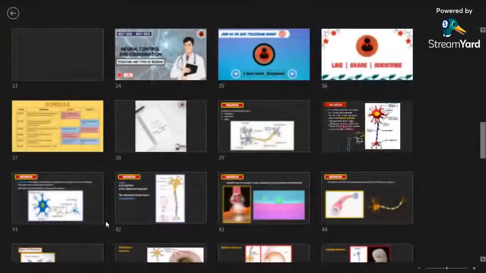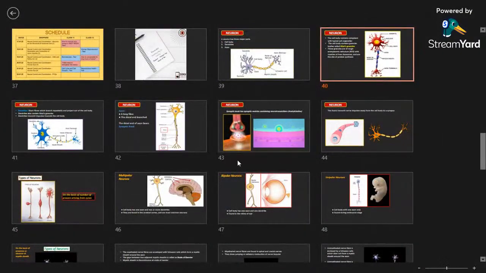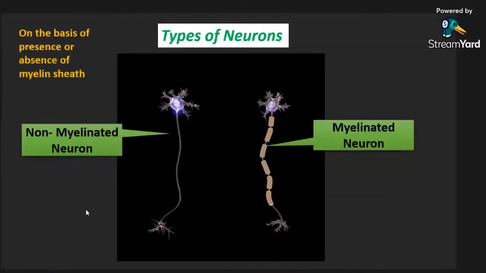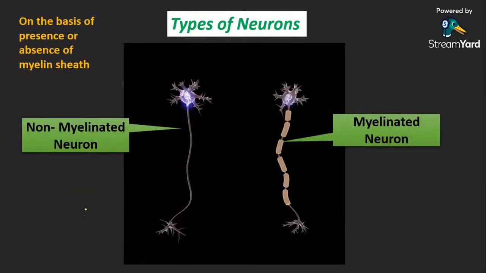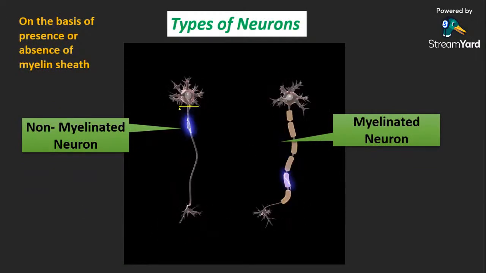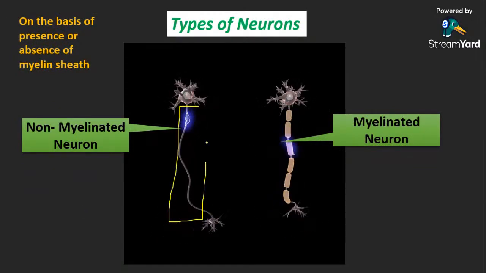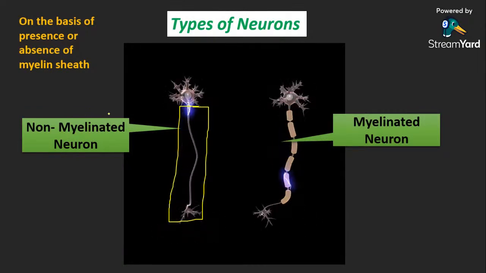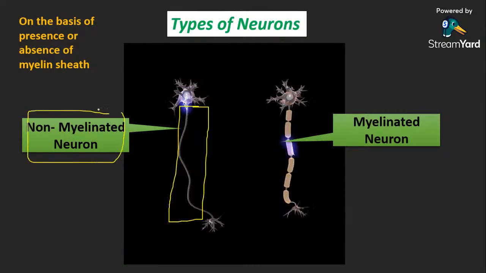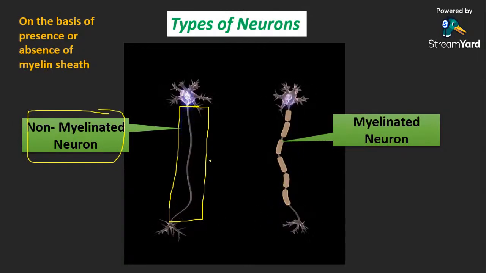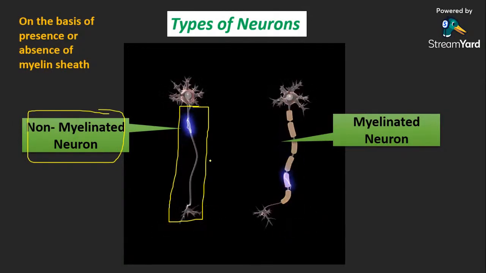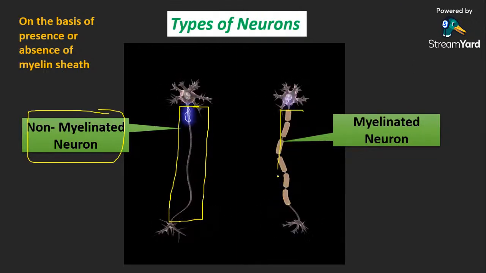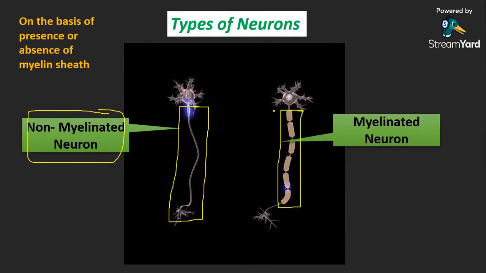I will give you a brief idea about myelinated neuron and non-myelinated neuron. Look guys, over here you will never find a myelin sheath. Therefore, you will call such type of neurons non-myelinated neurons. Whereas in certain types of neuron, you will find the myelin sheath as a protective sheath.